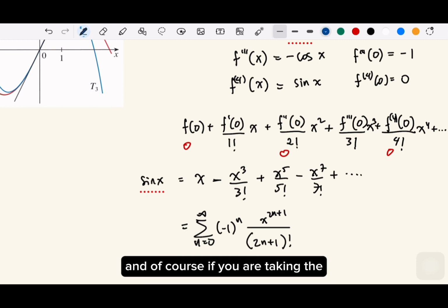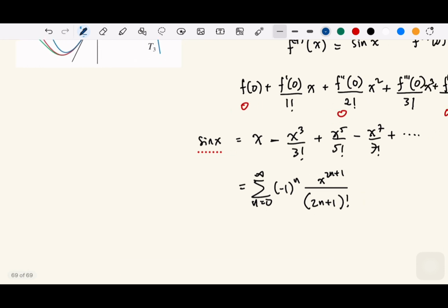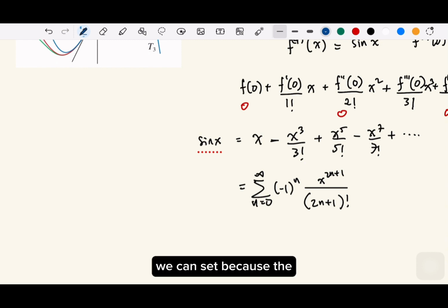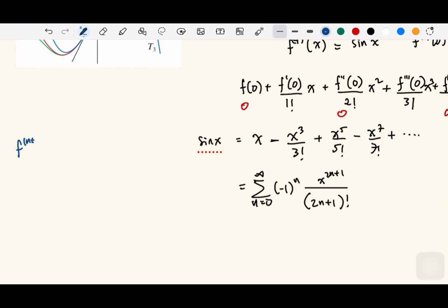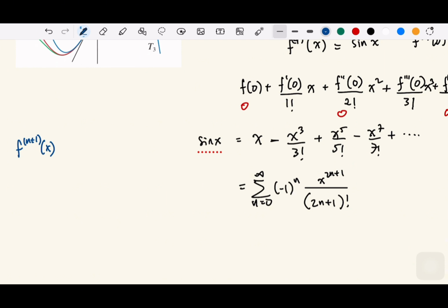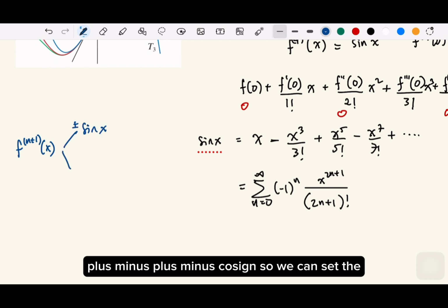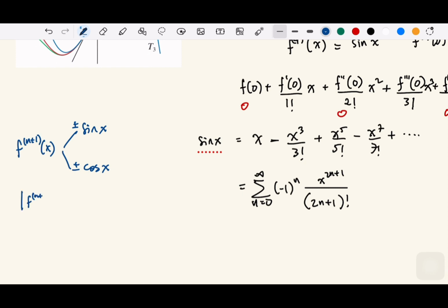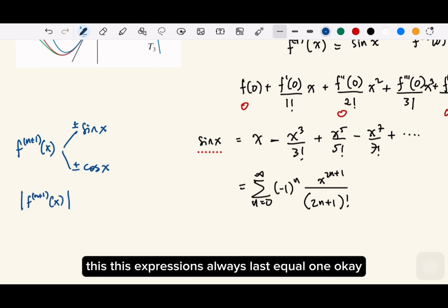And of course, if you are taking the Taylor's inequality, because the derivative of sine is always plus or minus sine or cosine, we can set this expression always less equal 1.